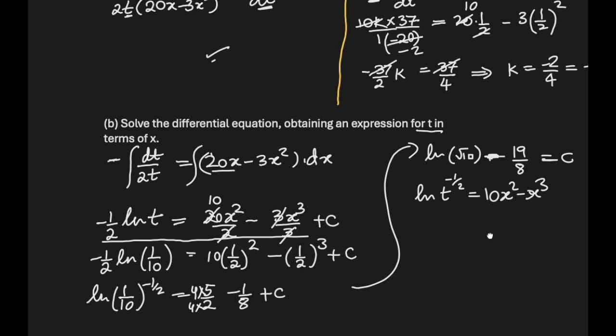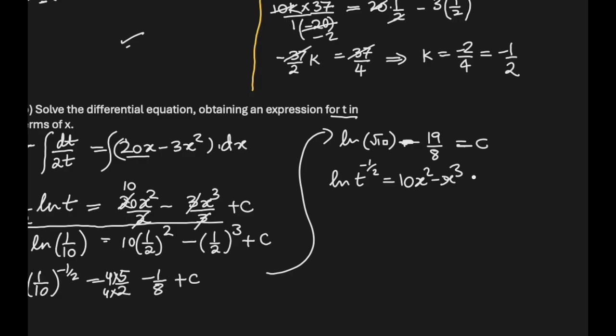And now we know the c, we can write here, plus natural log square root 10 and minus 19 over 8. Okay, so to get this t, because they said obtain t in terms of x, not ln t, I'll have to take this natural log there.